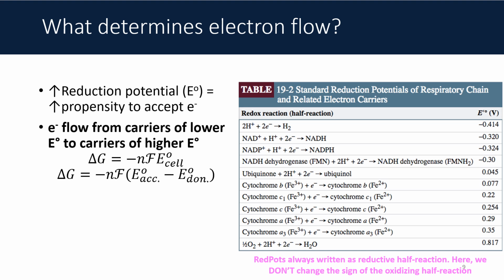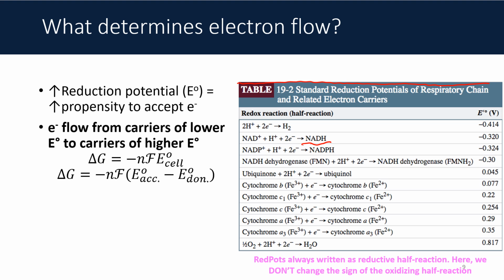Let's look at this table. I know it's really intimidating, but we're going to break it down bit by bit. And let's try to find something in here that looks familiar to latch on to. The electron transfer chain pretty much begins with NADH, right? So we can find it on this table over here, and by convention, we always write half reactions as a reduction, just to keep things consistent and organized.